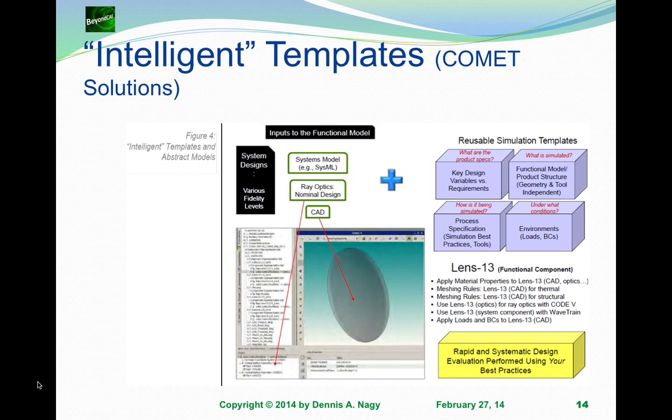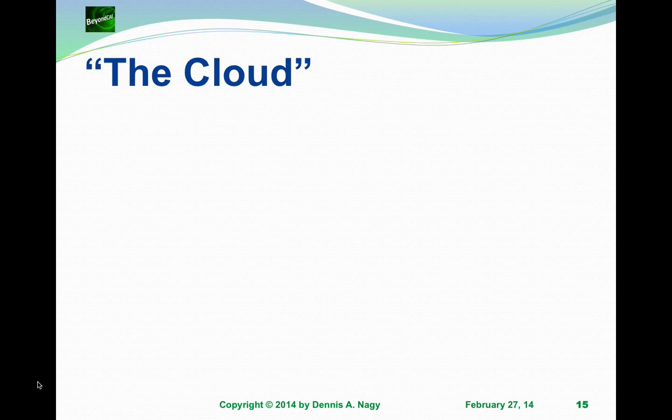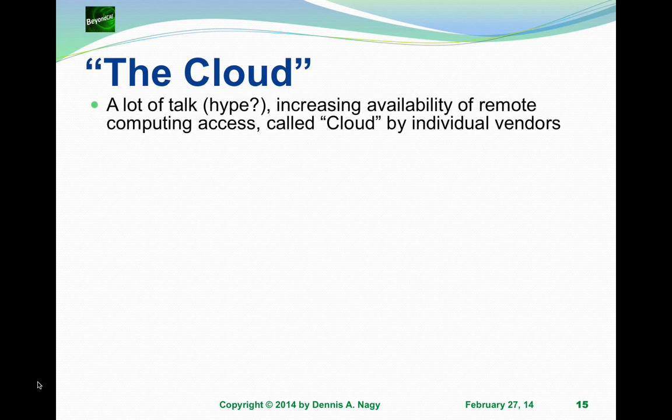And then, of course, we now have the cloud, which brings a lot of possibility for a lot of these engineers in that upper curve that I just showed you, the ones that want to do simulation. It's clearly, like most things, a lot of talk or hype early on, but that turns into reality as time goes on, which is really the increasing availability of remote computing access, which has come to be called the cloud for a number of reasons.